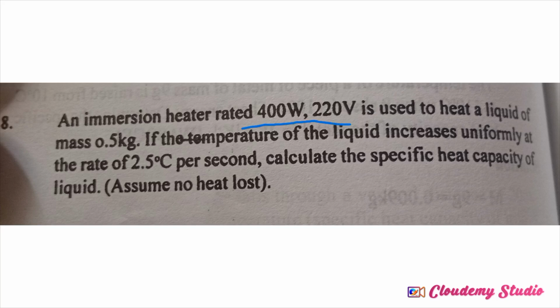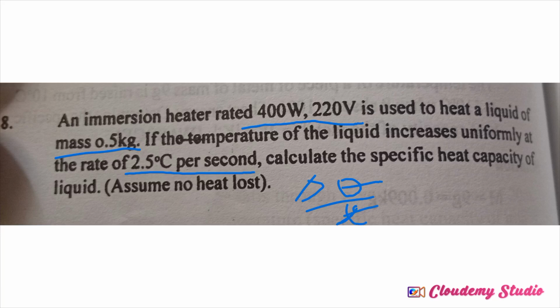220 volts is used to heat a liquid of mass 0.5 kilogram. It's increased uniformly at a rate of 2.5 degrees Celsius per second. This rate of increasing the temperature means change in theta per second.